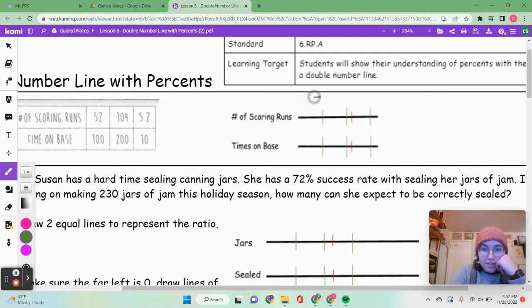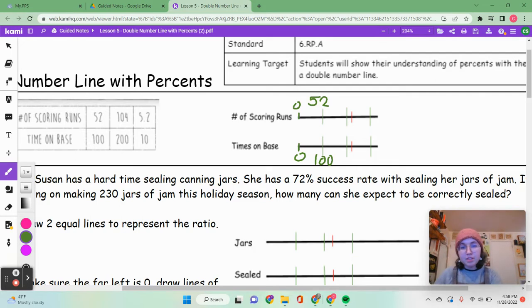So if we have 52 for every 100, because that's what a percent means, right? 52 for each 100. We're starting with both of our ratios being 0. And we know that the number of scoring runs goes up by 52. It can go up by other numbers, but we're starting going up by full 52s.